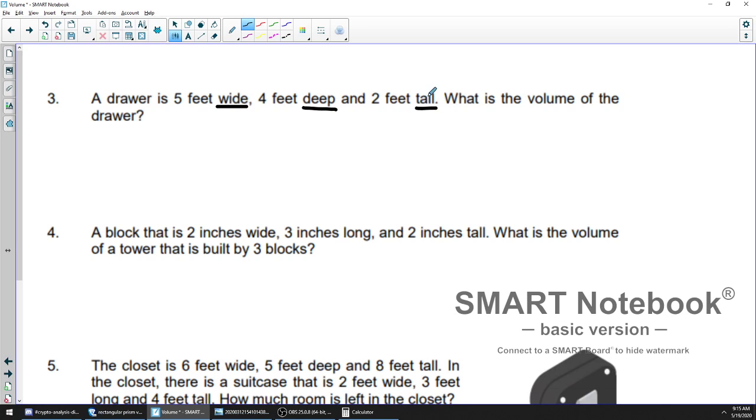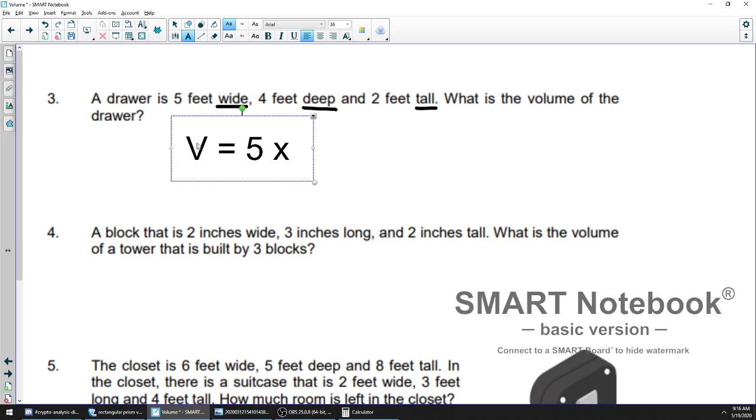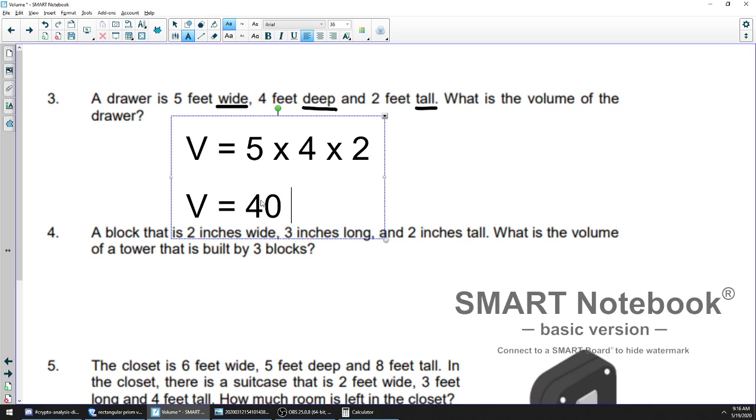Height, how tall something is, is generally called either tall or height. Regardless, we know volume is to multiply all 3 numbers, if that's what's given, because we know our width, depth, and height. So we multiply it and we get 40 feet cubed.